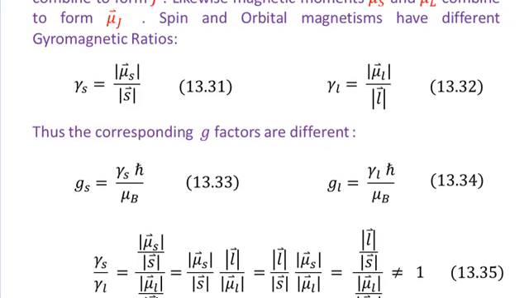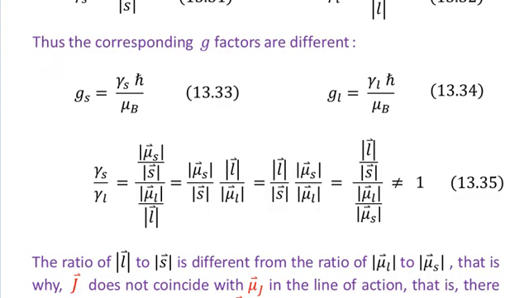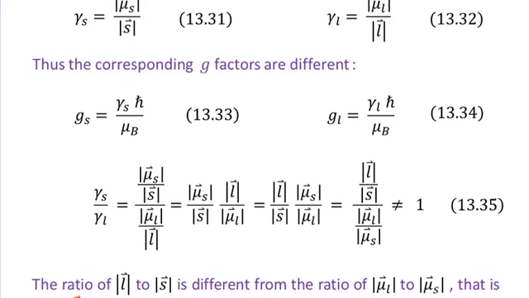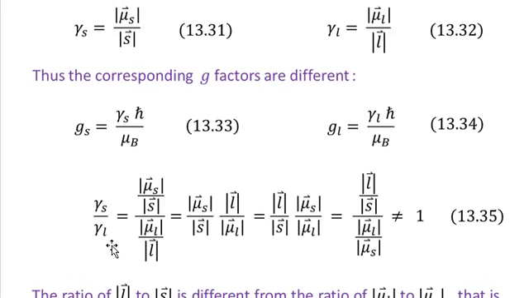Now let's calculate the ratio of gamma S to gamma L. So using equations number 31 and 32, I am plugging in the values of gamma S and gamma L, and then you see that I have this expression. This expression can be arranged in the following form. That is, in the third step, we have the absolute value of mu S divided by the absolute value of capital S, and then we have the absolute value of orbital angular momentum divided by the absolute value of the orbital magnetic moment.